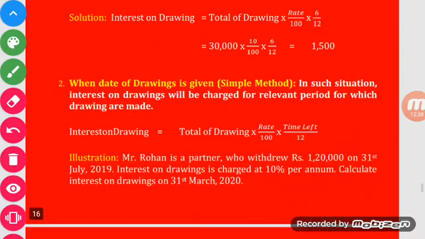Second, when the date of drawing is given in the question, clearly given. In such a situation, interest on drawing will be charged for the relevant time period for which drawings are made by the partner.